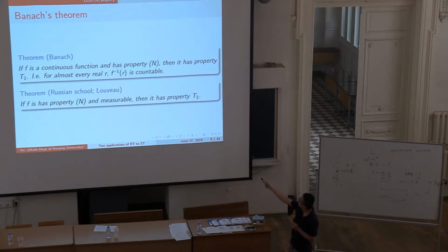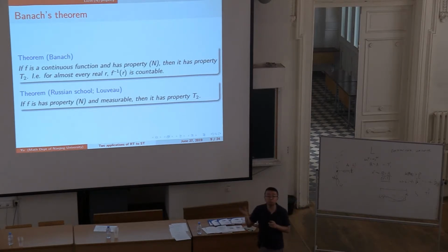They improved continuous to measurable: it just needs to be measurable and have the Lusin N property, and then for almost every real R, the preimage of R is countable. Now, we prove this result using a recursion theory argument.